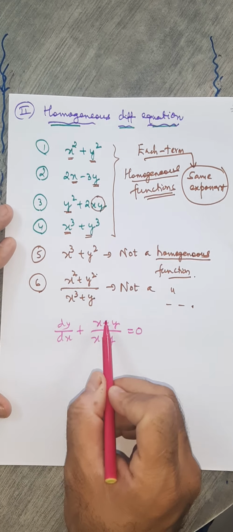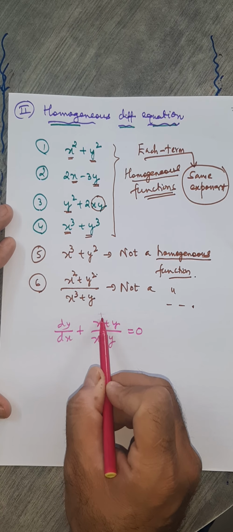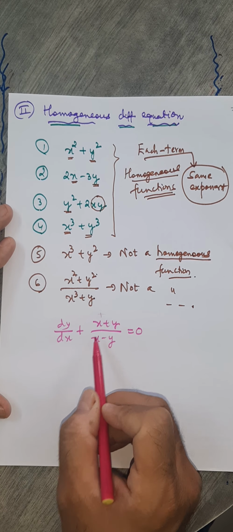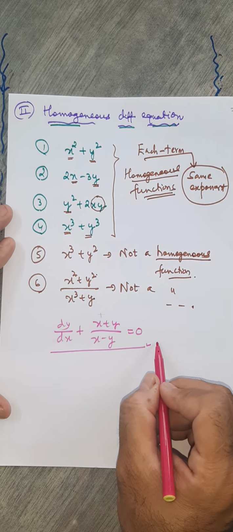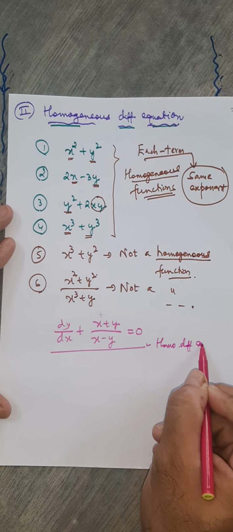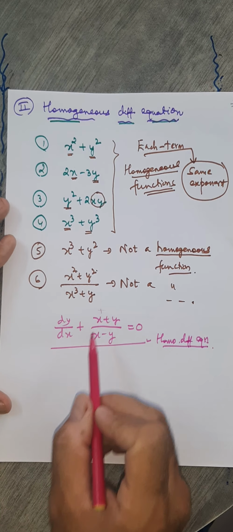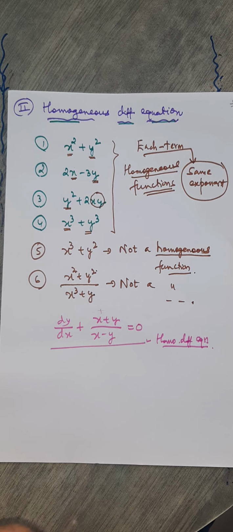Now you see here, if you look at this function, here 1, here 1, here 1, here 1. So this is called homogeneous differential equation. Fine. So a differential equation involving homogeneous functions of the same degree is called the homogeneous differential equation.